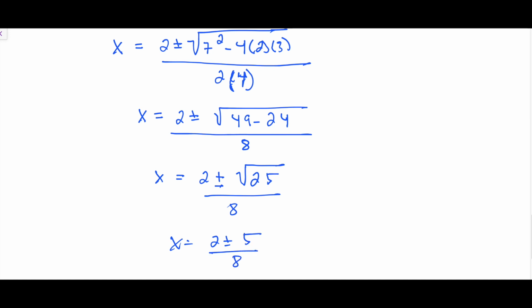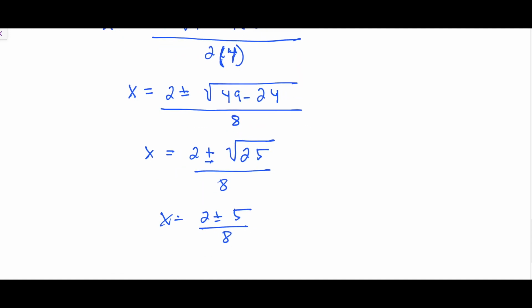Then 2 plus 5 is 7 over 8, so x equals 7 over 8. And x equals 2 minus 5, which is -3 over 8. Cool. How many x-intercepts do we have? 2.